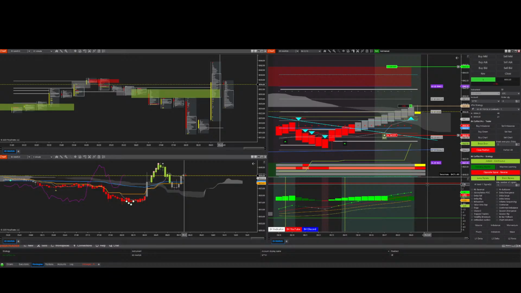This box that you see represents the value area. In statistics, I believe 68.25 is the number for your mean, your average.